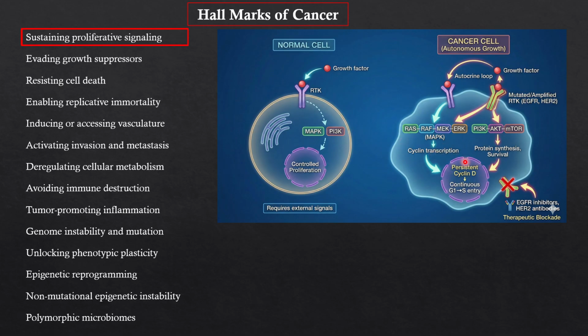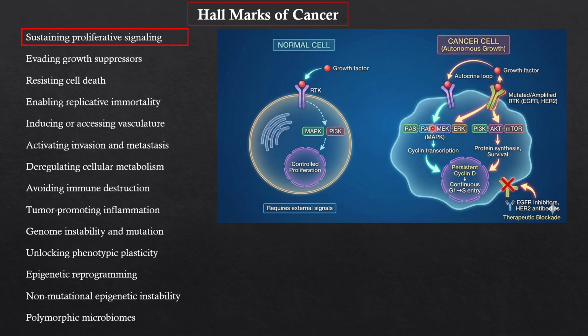The persistent cyclin D continues the G1 to S phase entry of the cell cycle, which results in the synthesis of the necessary proteins and makes the cell compatible to grow further and regenerate.